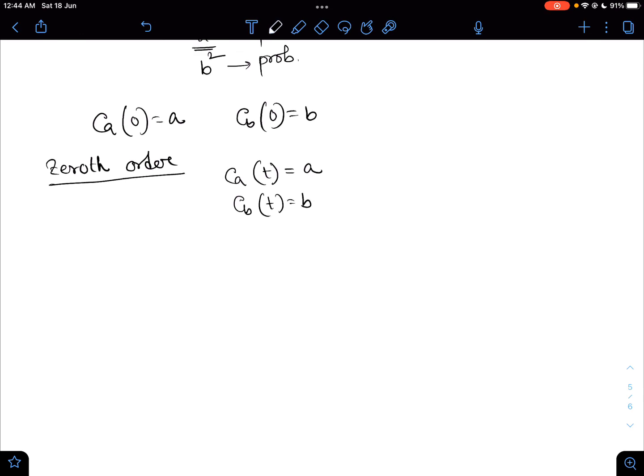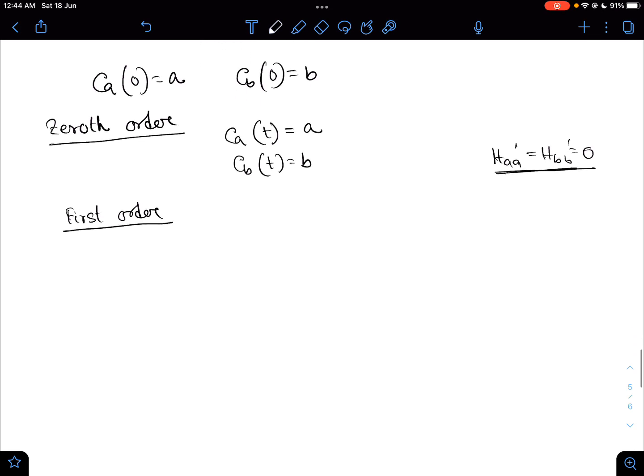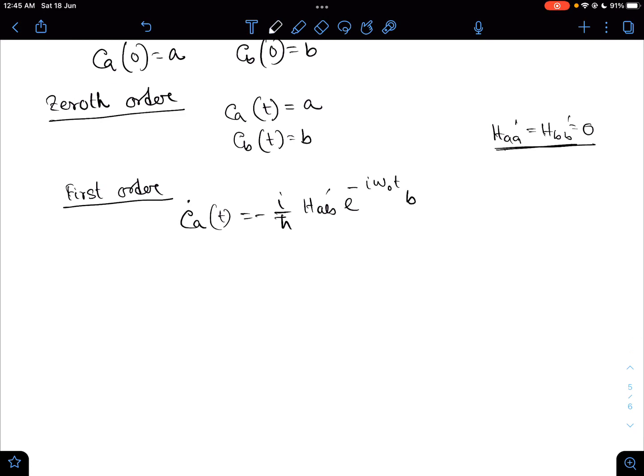Now we have to find first order. While deriving 9.30, we assumed that HAA prime and HBB prime are 0. So we will still assume that these diagonal terms vanish. Then our CA derivative at t will be minus i by h cut HAB prime e to the power minus i omega 0 t times CB.